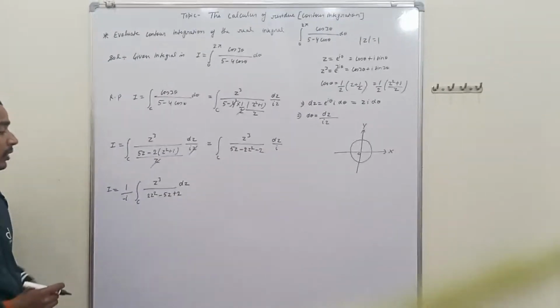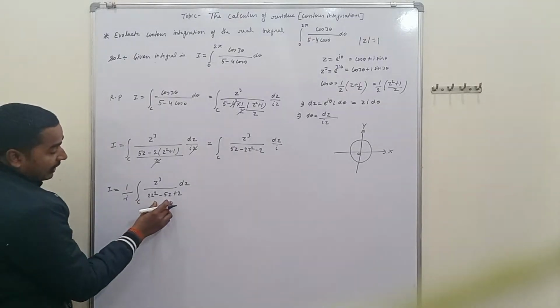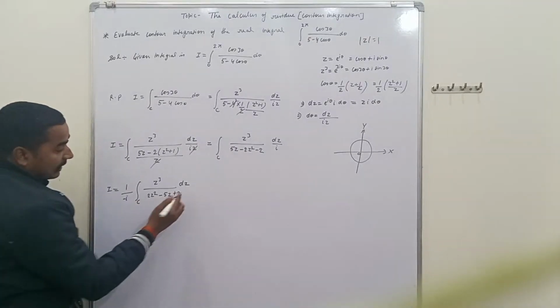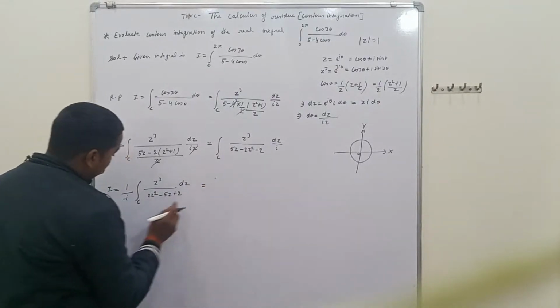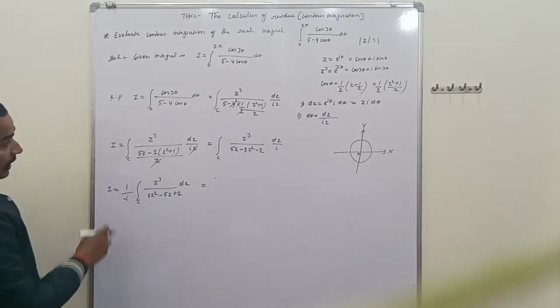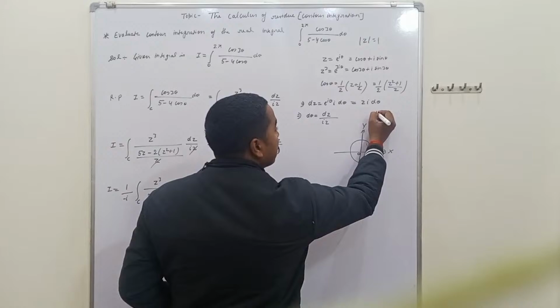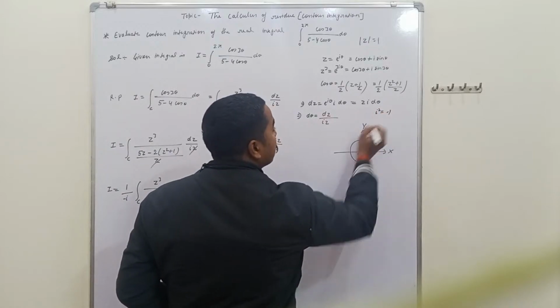Further we have to factorize the denominator. We can break it into the factor form, that is minus 1 upon i, and in complex integration we know that i square is equal to minus 1.